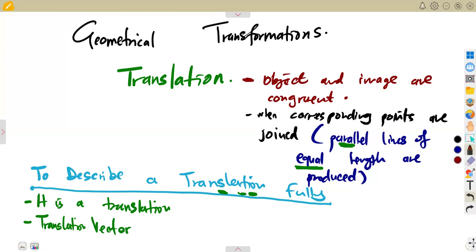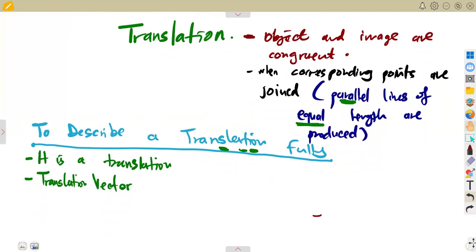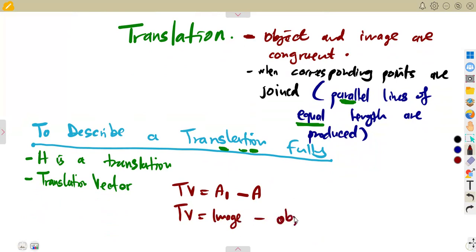I'm just going to write this in short: translation vector, short for TV. So TV is equal to image minus object. This is the formula: the translation vector is equal to the image point minus the object point. This is the formula to find the translation vector.